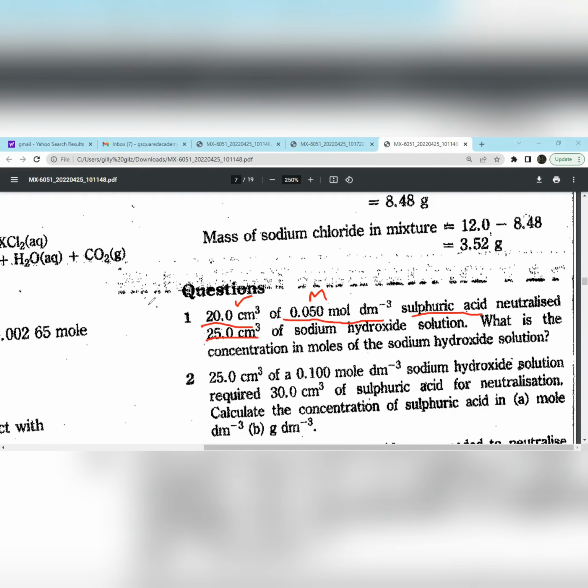So what's the first thing you want to do? First thing you want to do is calculate the moles of the standard, the solution of known concentration, in the volume of the standard. So what you need to know, remember, is that this molarity here, 0.05 moles per dm cube, actually means 0.05 moles in 1,000 centimeters cube.